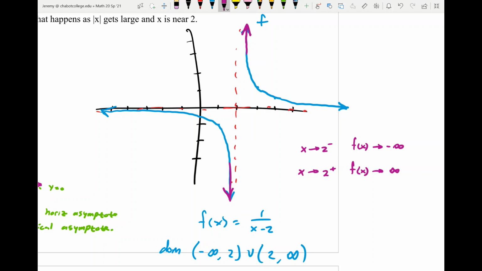I was speaking through that as I was writing it. This notation, 2 with the little minus sign and 2 with the little plus sign, communicates which direction we're approaching that x value from. Because if we're approaching this asymptote from the left or from the right, we could have different types of behavior depending on which side we're approaching from.